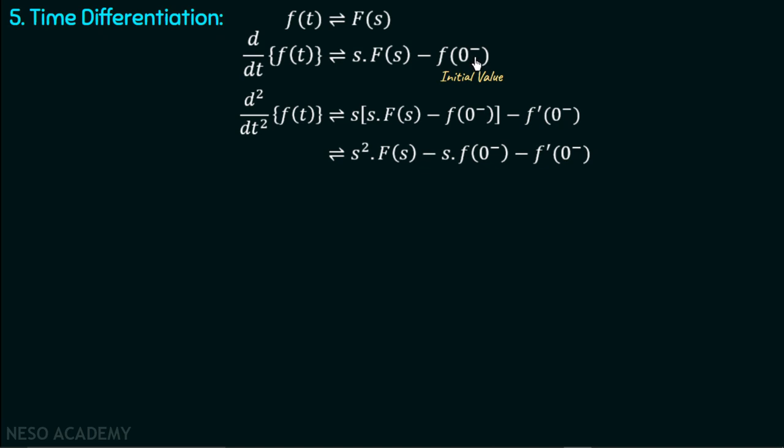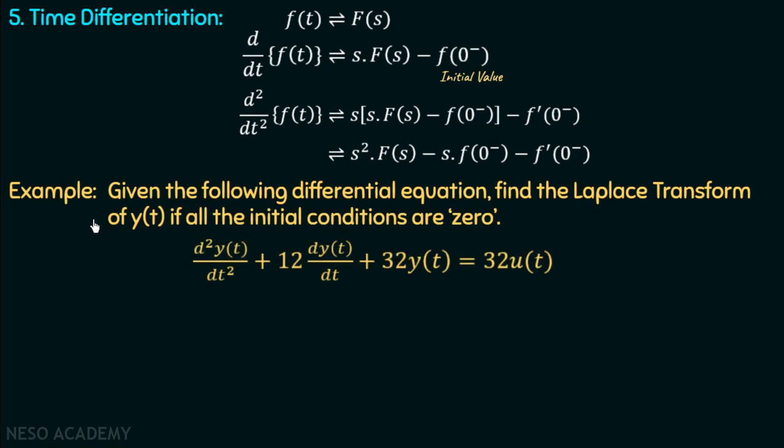Let us now understand this property in a better manner with the help of an example. The example is: given the following differential equation, find the Laplace transform of y of t if all the initial conditions are 0. Note that all the initial conditions are 0.